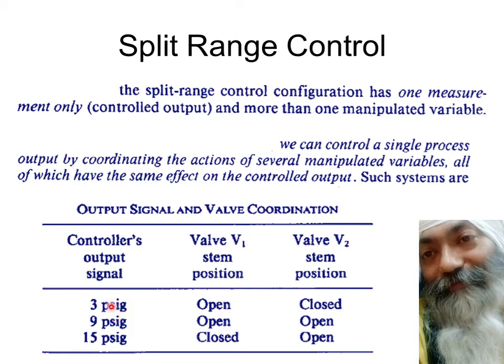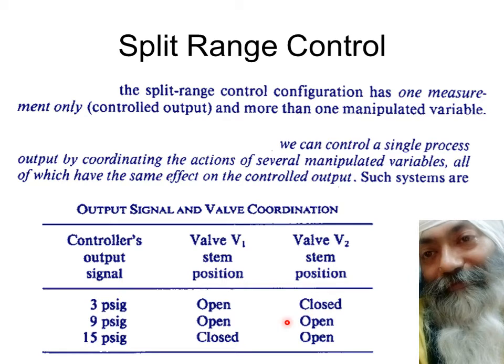As I move from 3 to 4 to 5 to 6 to 7 to 8 to 9 psi, nothing happens to valve 1. It was fully open and it remains fully open. But valve V2, which was fully closed, starts opening from 0% to 25% to 50% to 75% to 100% open.